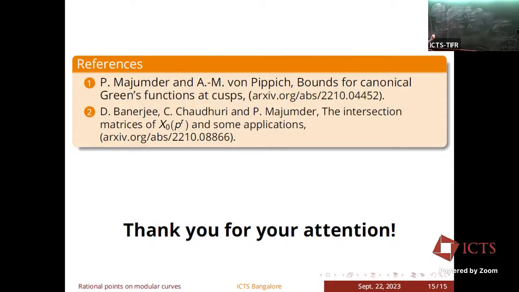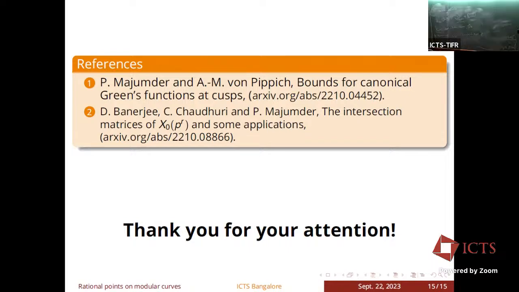And for square free n, this model is semi-stable over Z. So for square free n, they can directly use this asymptotic formula. Yes, I should mention that also.